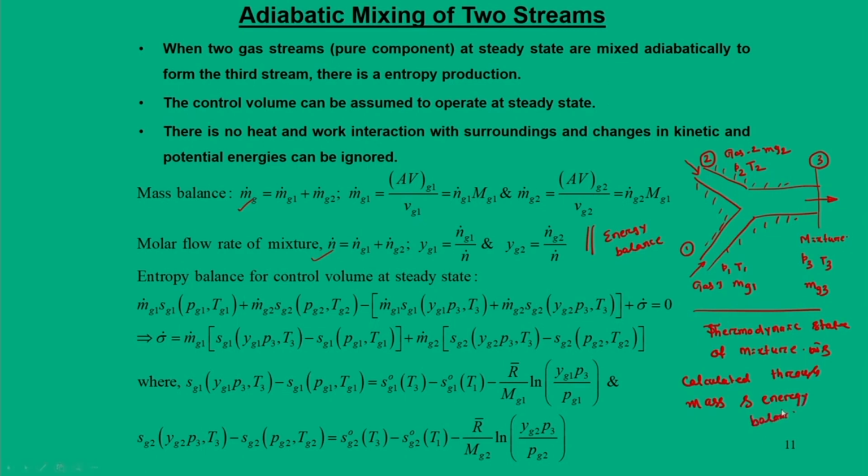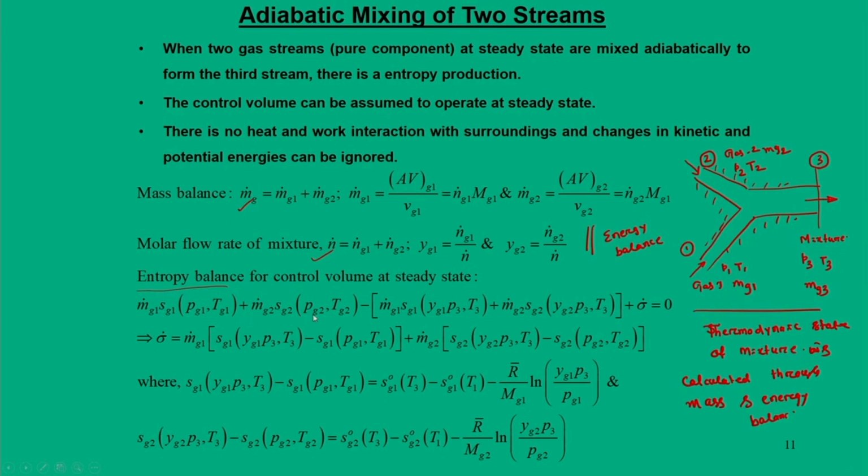Now, apart from this, we also need to find the entropy balance, because it is an adiabatic mixing process and the process is irreversible. So, the entropy balance will give you the entropy production rate. Here we have to use a similar philosophy: what is the entropy at state 1 for gas 1, evaluated at the pressure and temperature for gas 1.